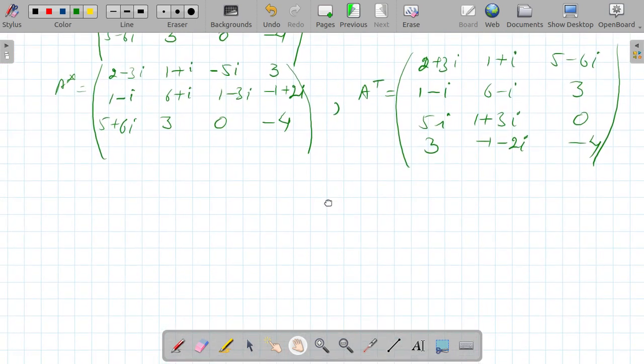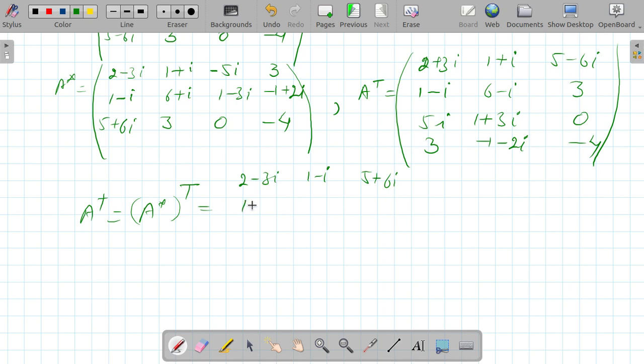Now A dagger: either I will take its transpose or I will take the complex conjugate of this. So I will take its transpose. So it can be written as 2 minus 3 iota, 1 minus iota, 5 plus 6 iota.